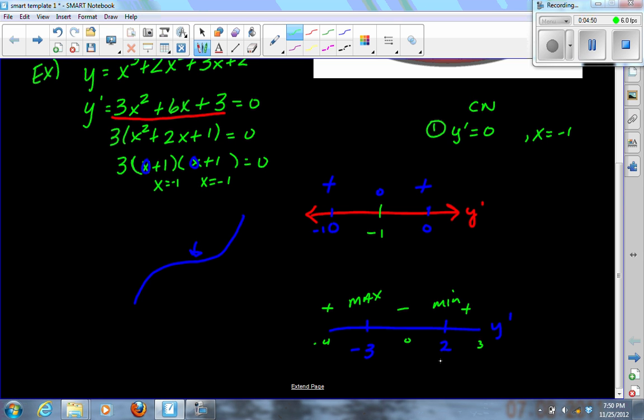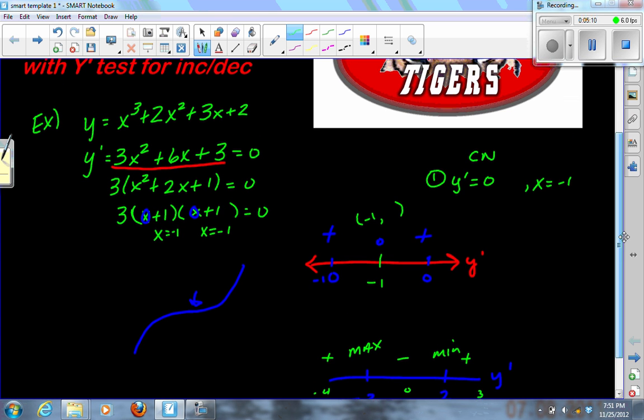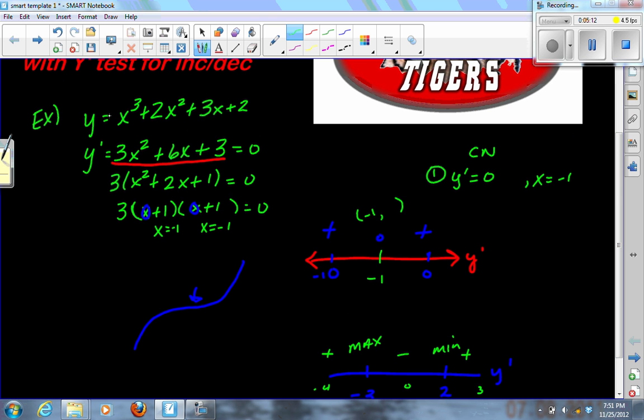And just like in the first video, if you wanted to find the entire ordered pair where this max occurs, it would be negative 3 comma something, you would plug this back into the y of the original. Like right here, if I wanted to know the rest of this ordered pair for some reason, I would put a negative 1 back up here into the top, where it literally says the y is negative 1 cubed plus 2 times negative 1 squared plus 3 times negative 1 plus 2.